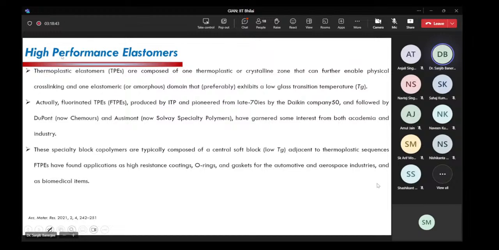Because in the first heating, all the entrapped water molecules or solvent molecules will go away, and in the second heating, you get the real data.